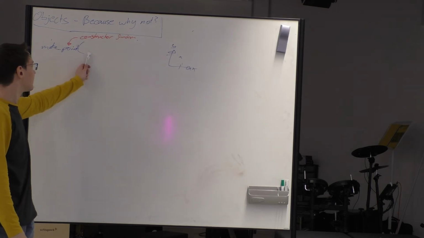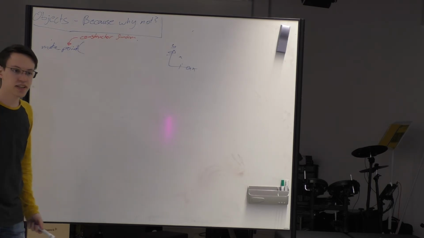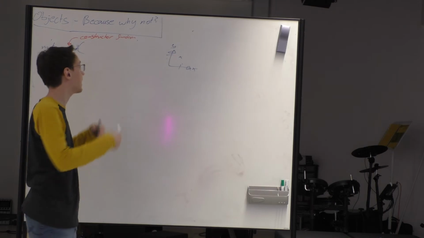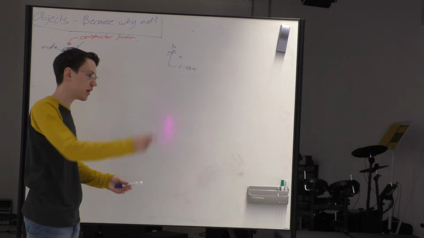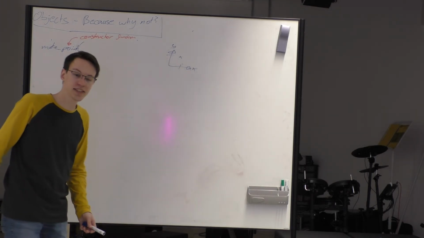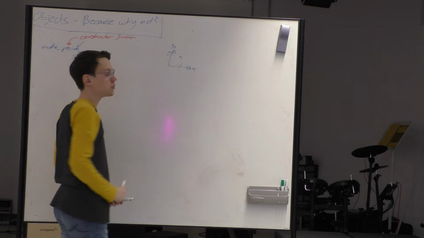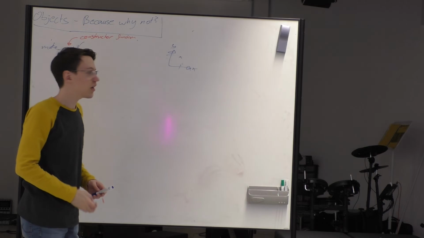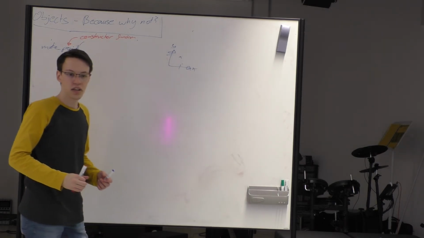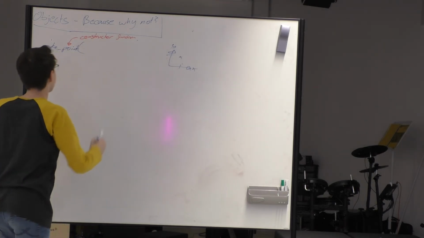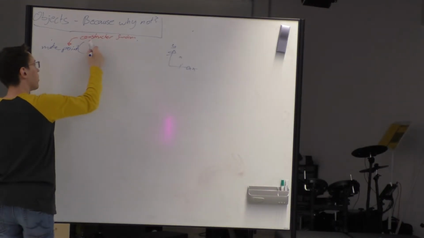So you give it the data that it needs. For example, for the open call, when you want to create a new file descriptor, you give it the path of the file and the read and write permissions, and then you get back the file descriptor. If you have a point, what would you have to give to that point? Well, the x and y coordinate that you want to put into it. So it takes, let's say, a float.